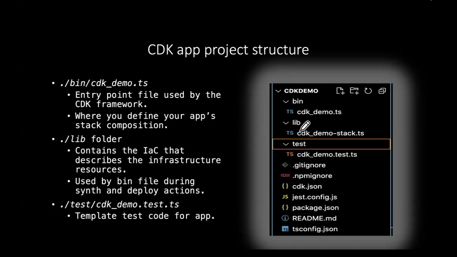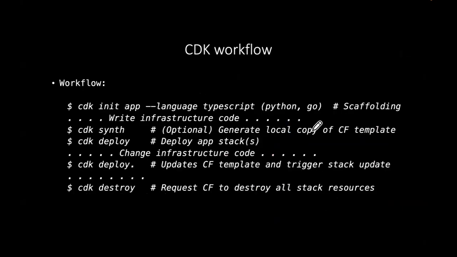So we will find ourselves almost exclusively editing this file here. And every time we edit it and make a change, if I go back to the previous slide, we just type the CDK deploy command again to get CloudFormation to carry out the necessary changes to our infrastructure.